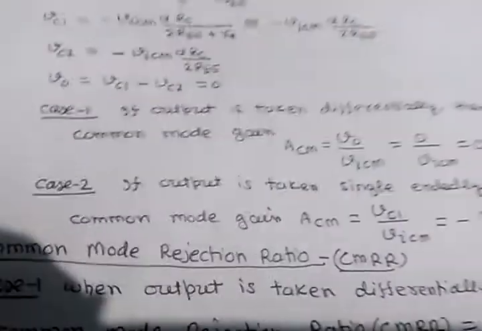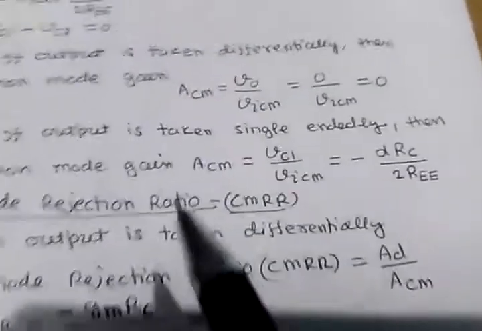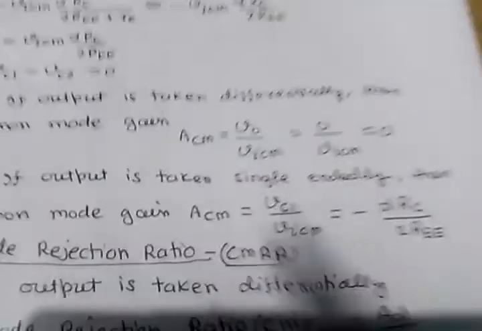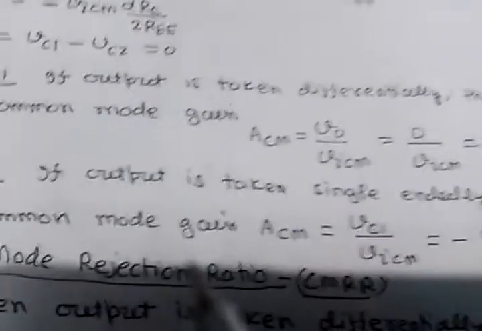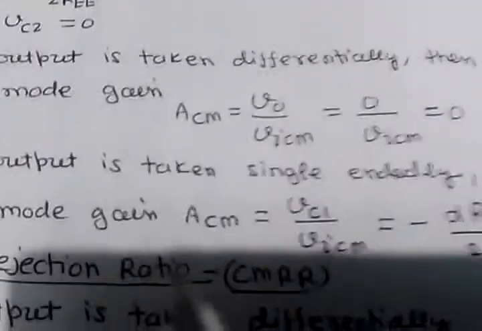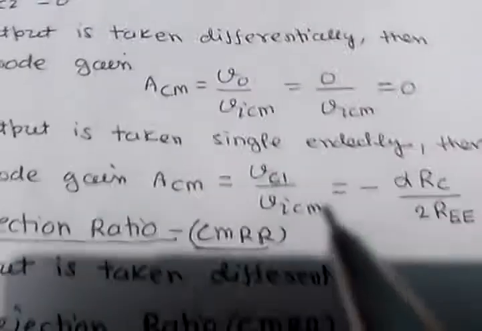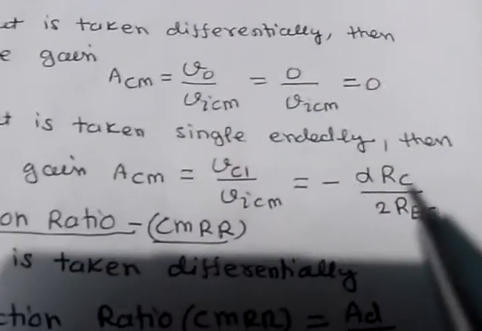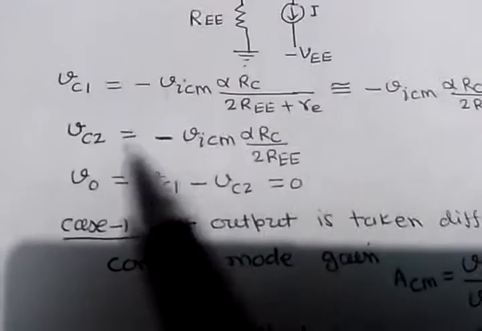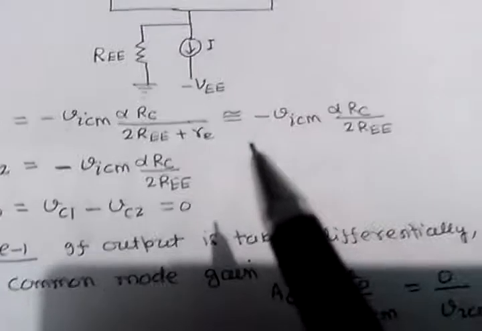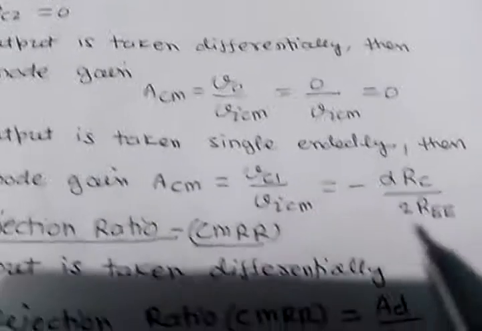Case 2, if output is taken single-endedly. In that case, we will take output at the collector of Q1 or collector of Q2. I am taking collector of Q1. In this case, common mode gain will be VC1 upon VICM. It will be minus alpha RC upon 2 REE, because we have already written here VC1 equals minus VICM alpha RC upon 2 REE. Same value I have written here.